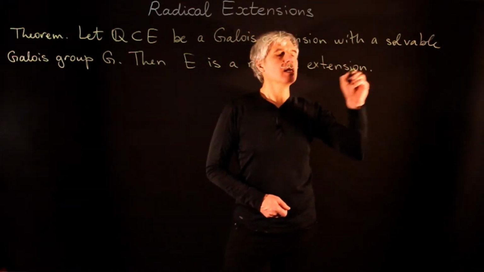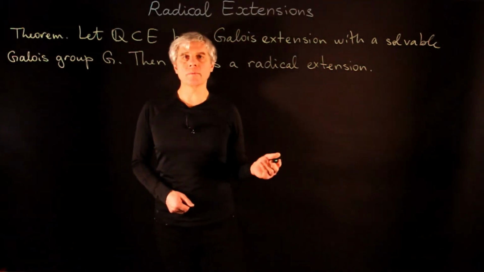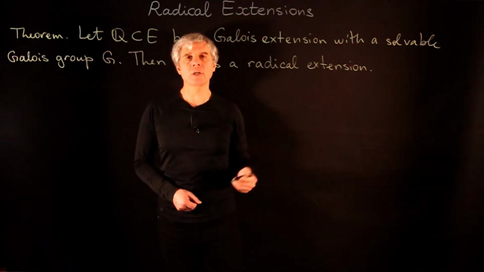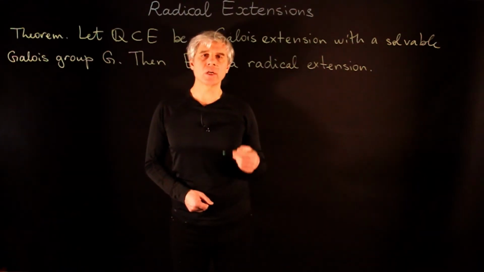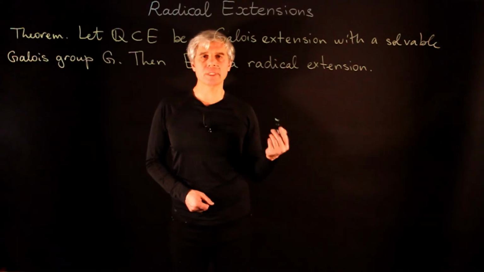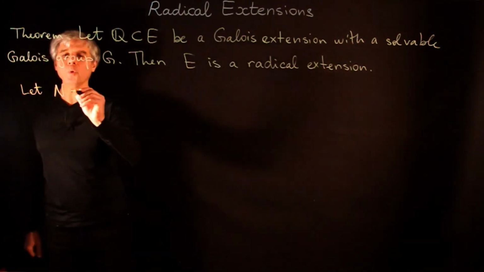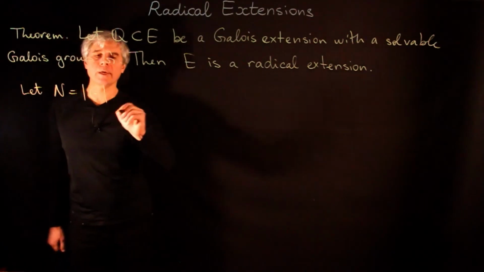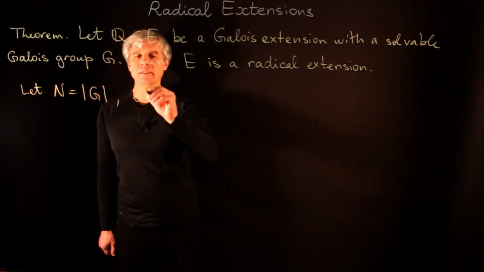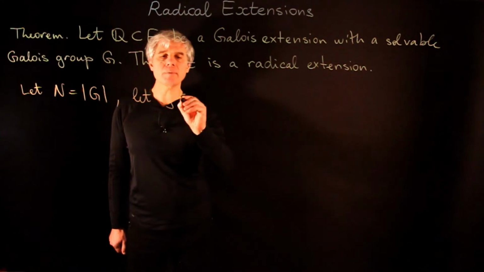So that is, E may be obtained from Q by an iterated procedure where at each step we adjoin n-th roots of some elements.